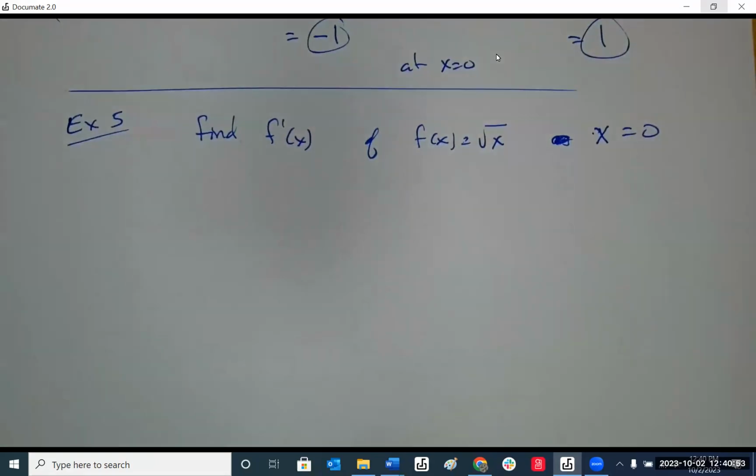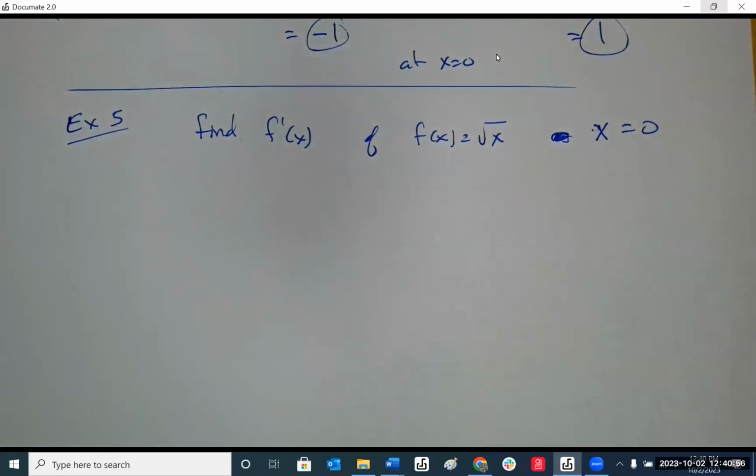Let's find f prime of this function at x equals 0.